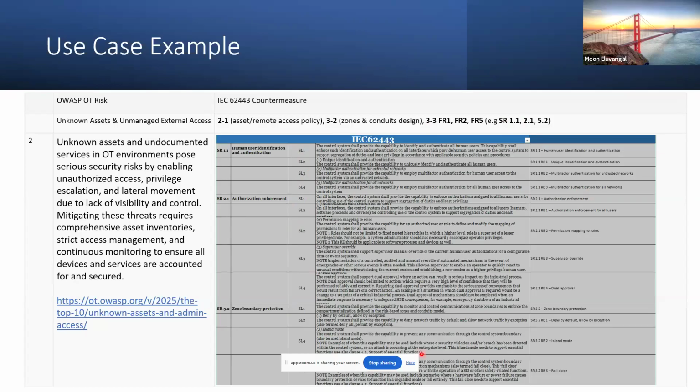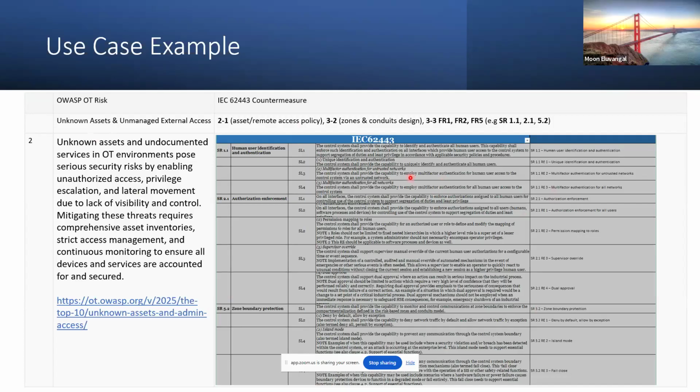I know it's very small for you to read, but my idea is not to go through those controls because they're already available in the public domain. The idea is about how you do the mapping from OWASP risk to IEC 62443 mitigation control. Okay, so you take this and then you implement this.